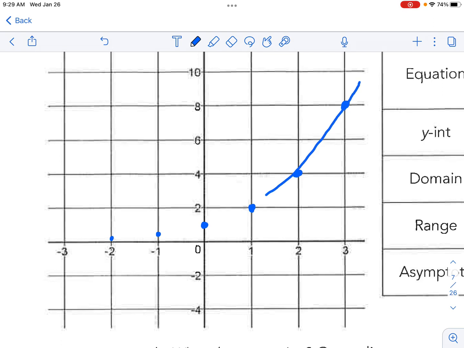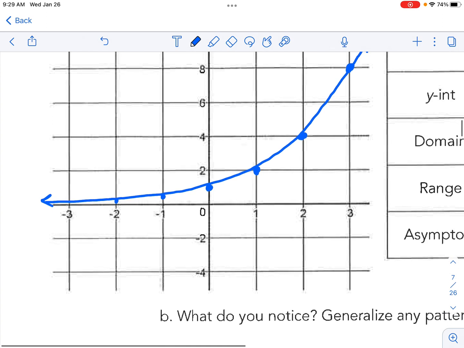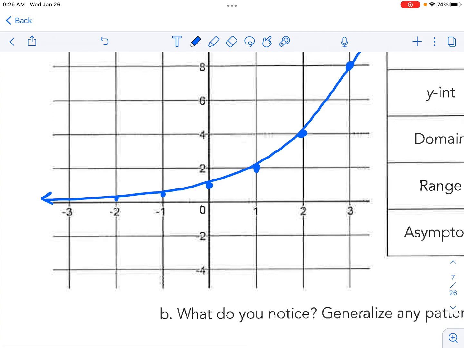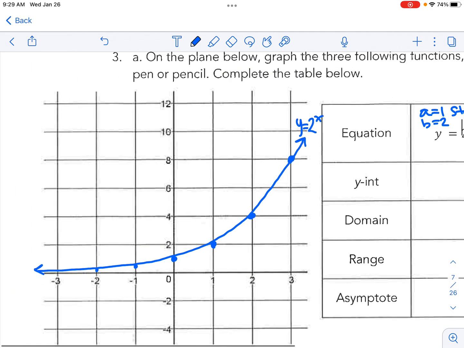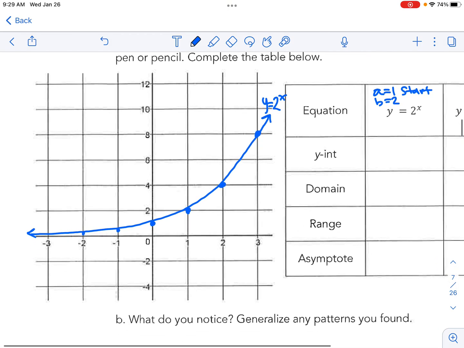So that is a little different look, but it's because of the scale. So that is y equals 2 to the x.